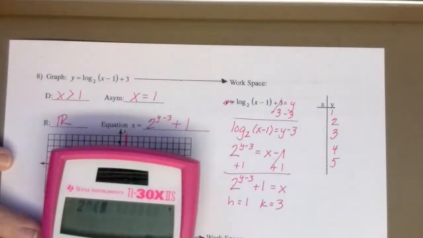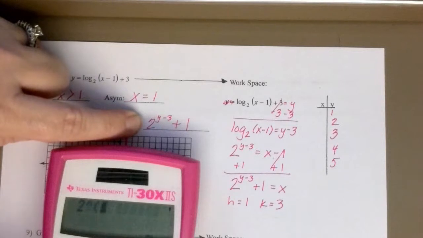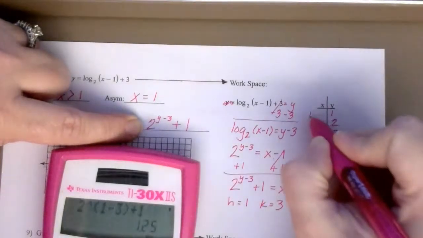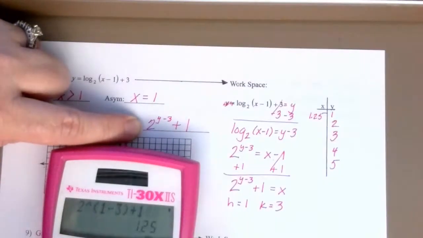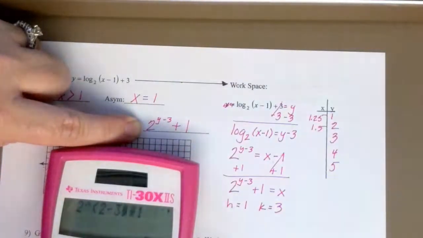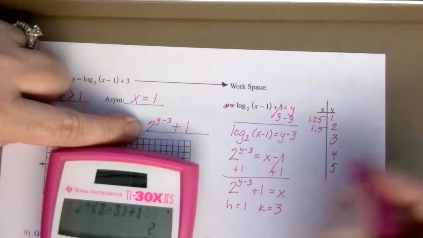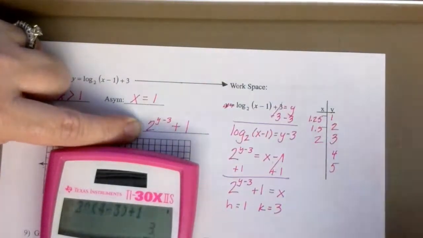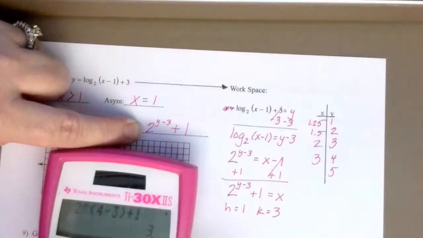2 to the y, which I'm going to plug in 1, minus 3 plus 1. 1.25. Now I go back and change the 1 to a 2. 1.5, change it to a 3, and a 4, and a 5.